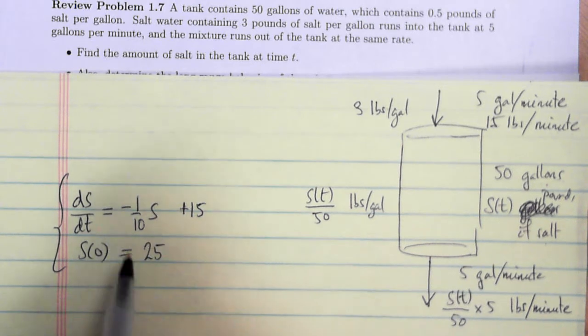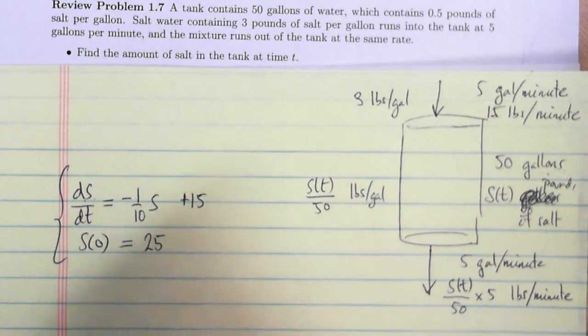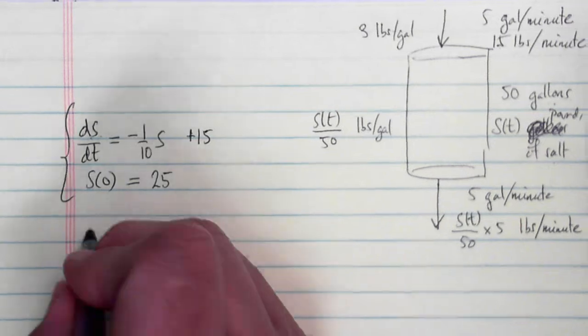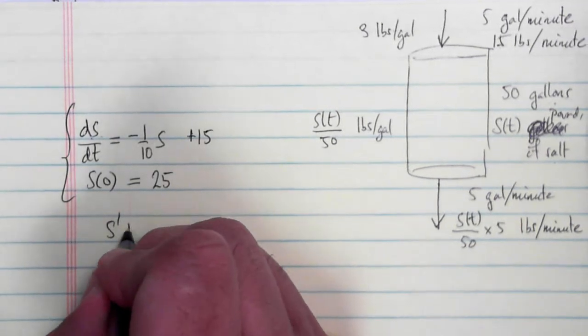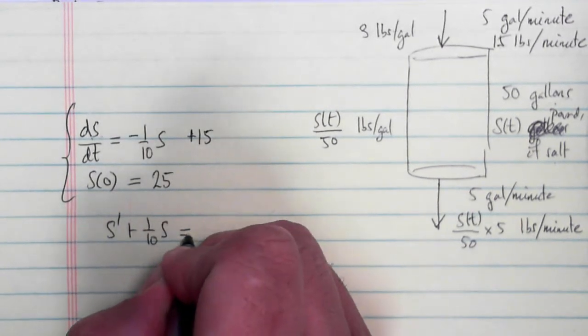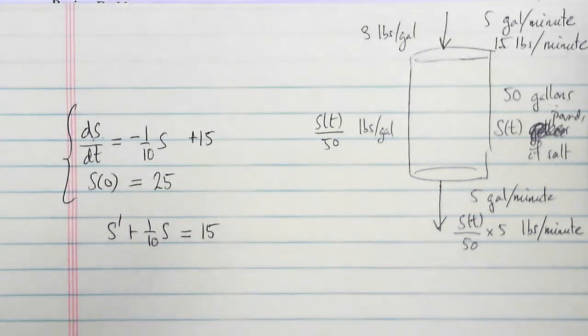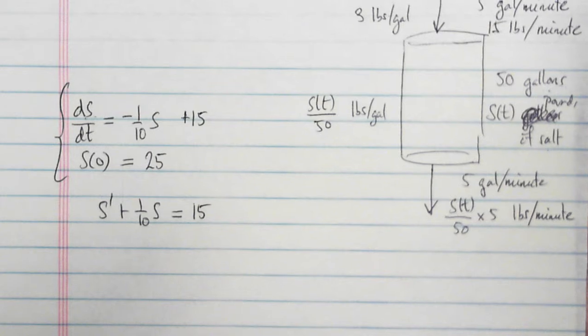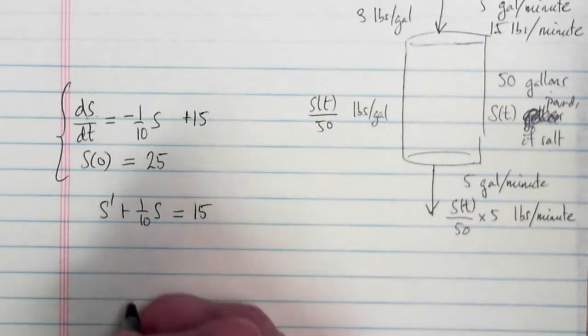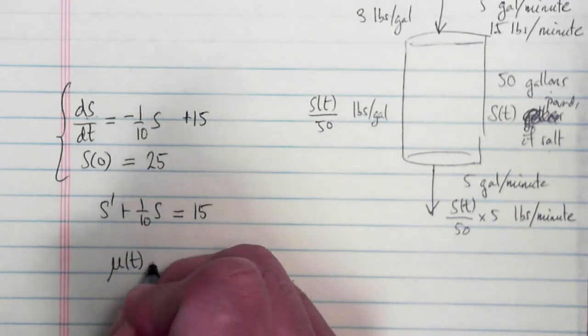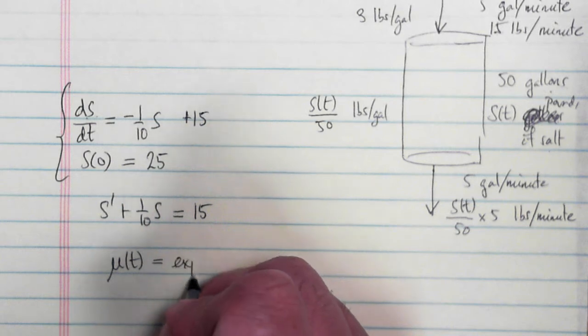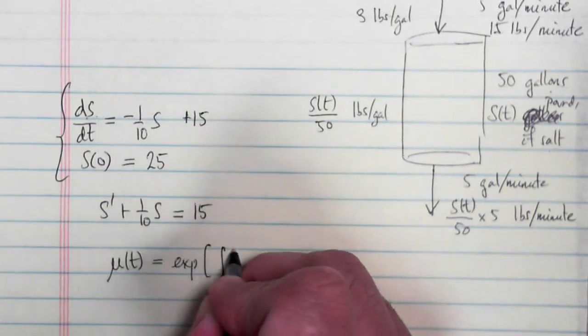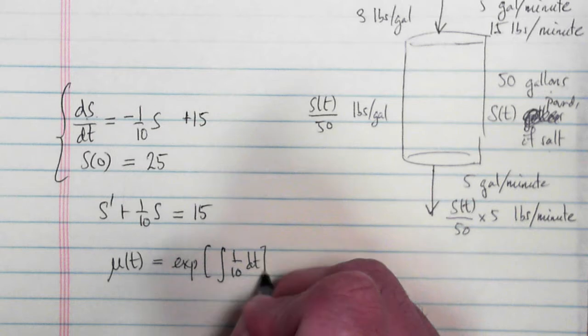So first off, let's take the governing differential equation and write this as s prime plus 1/10 times s is equal to 15. So this is a linear differential equation, so I use the standard techniques for first order linear differential equations. The integrating factor mu of t is equal to e to the integral of 1/10 dt.